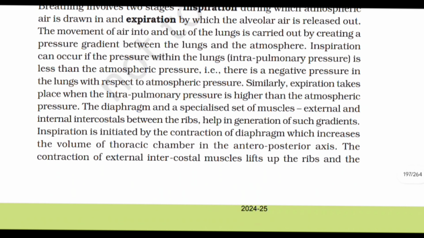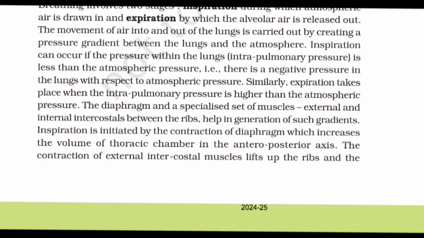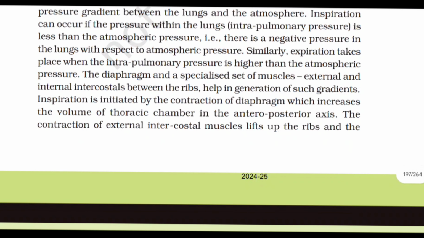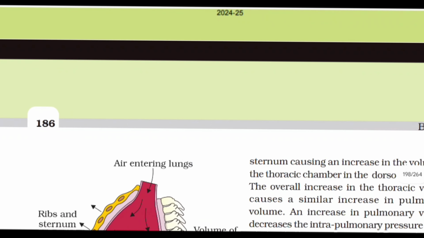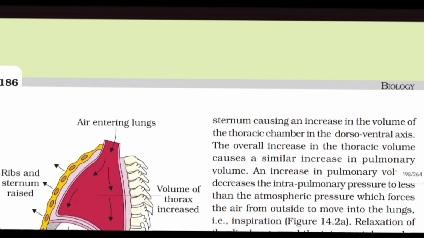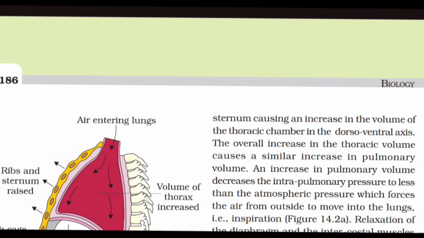Inspiration is initiated by the contraction of the diaphragm, which increases the volume of the thoracic chamber in the antero-posterior axis. The contraction of external intercostal muscles lifts up the ribs and the sternum, causing an increase in the volume of the thoracic chamber in the dorsoventral axis.